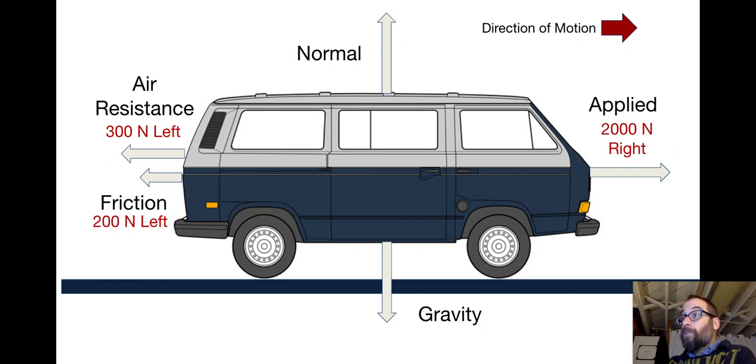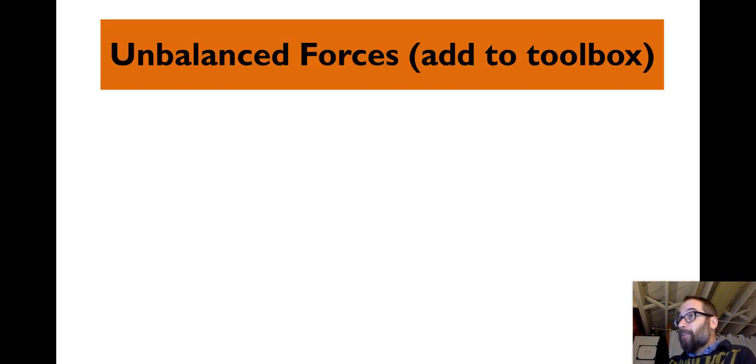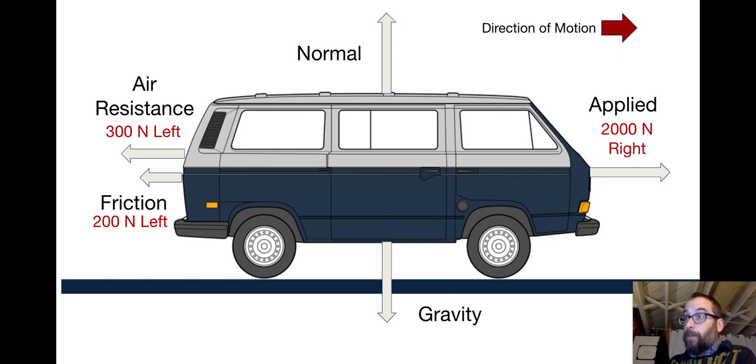The normal and gravitational forces, just like the book, are equal, so we can essentially ignore those. But what we see here is a situation in which the up and down forces cancel out. But the left and right forces, even though they're acting in opposite directions, are not of equal size. This is what we call unbalanced forces. There's more right force than there is left force.